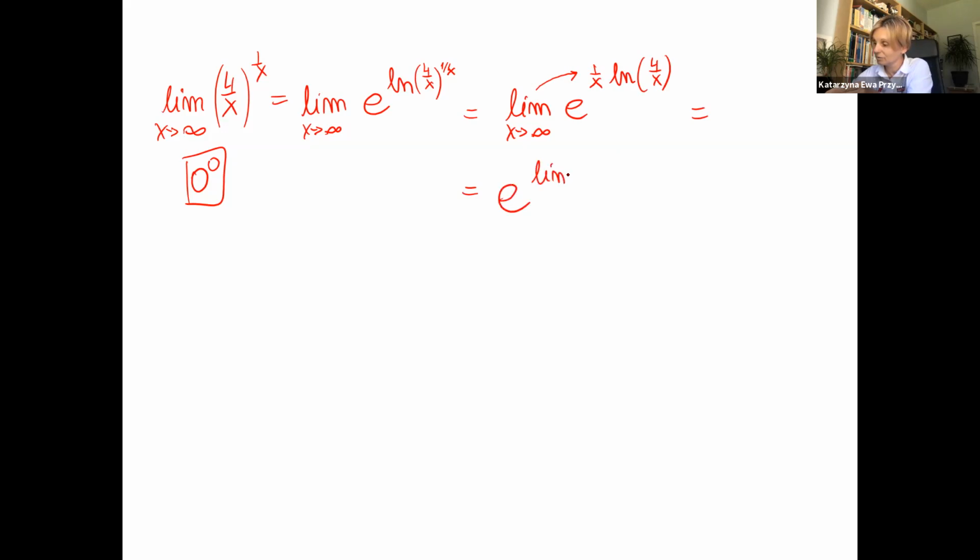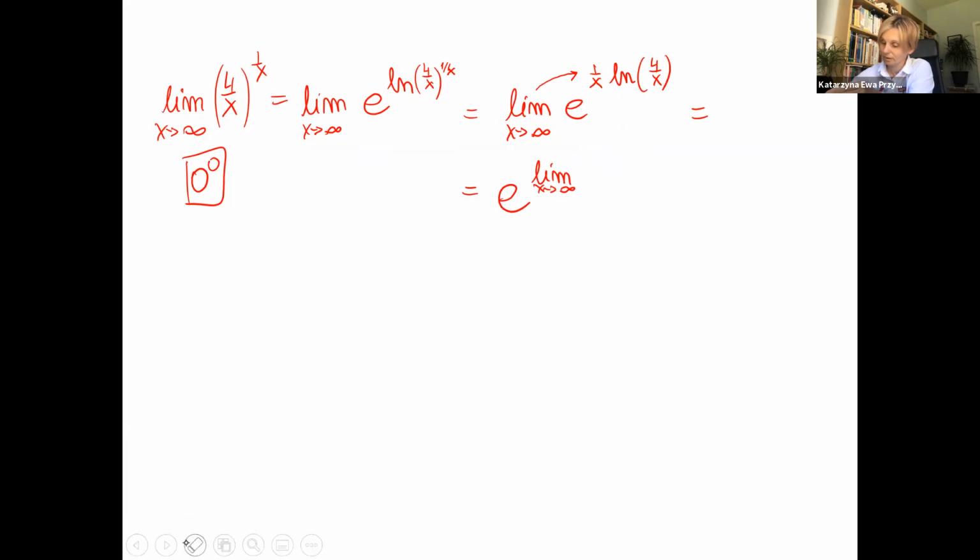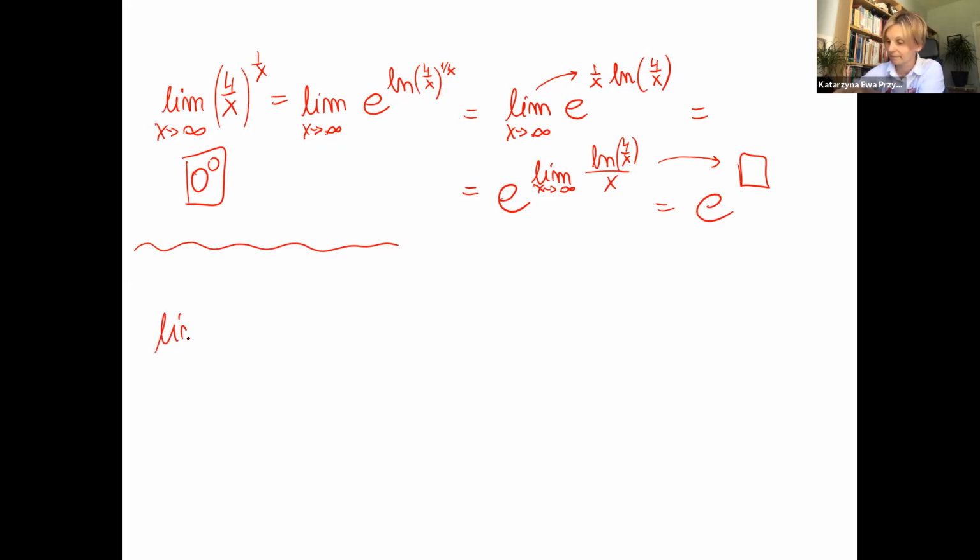The final answer will be limit in that exponent, e to the power of this. We may notice we can put this logarithmic function on the top of this fraction. That means the final answer is e to the power of that number. Let's find out what this limit is.